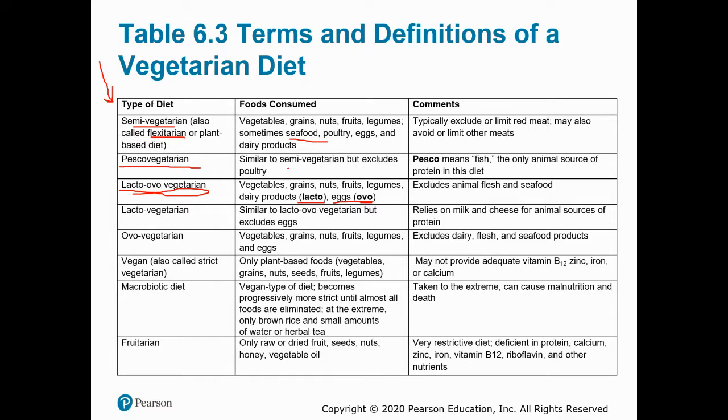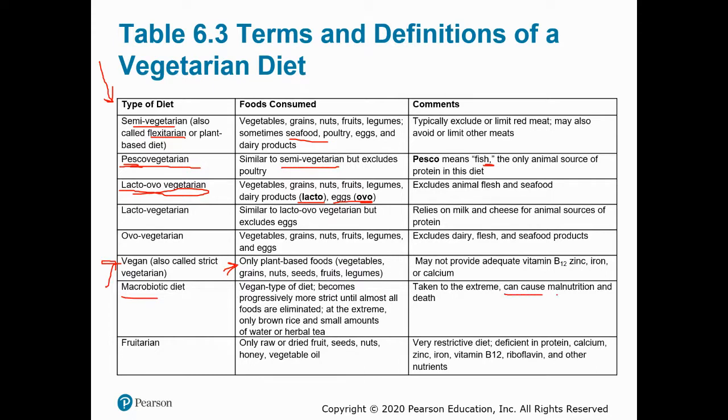Pesco-vegetarian would be, eats vegetable foods plus fish. Pesco means fish, so they might consume fish in the diet. Then vegan is basically only plant foods, so no animal foods whatsoever. Macrobiotic is a type of vegan diet that's really only eating super healthy plant foods, plant foods that aren't processed.